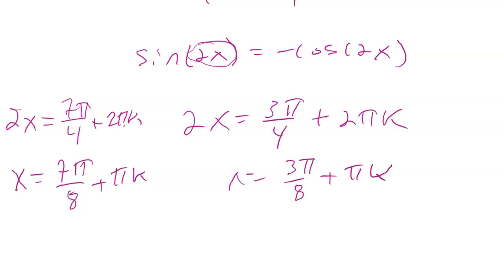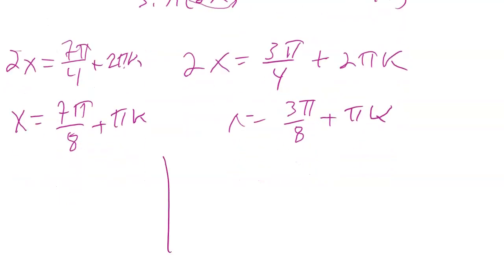I'm going to check my answer here. This is problem number 12. Okay, they got 3 pi over 8 plus pi k. Why? Oh, I understand. Okay, if you notice, 3 pi over 4 is here, and 7 pi over 4 is here, and they differ by pi.